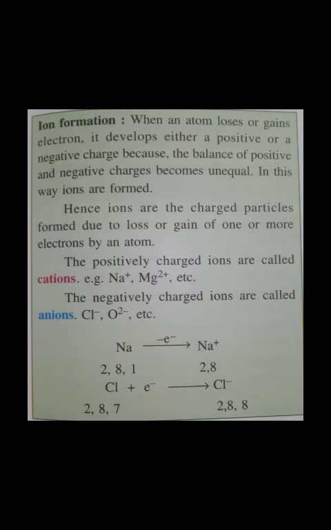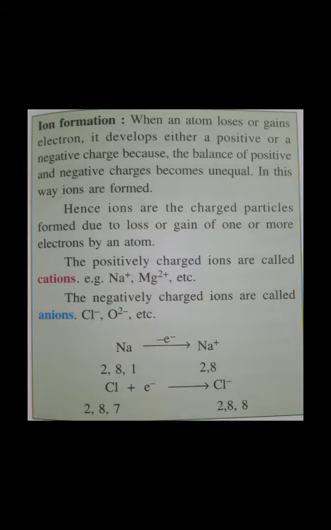Why do positive and negative charges come? Positive charges come when electrons are lost from an atom. Right? And this imbalance, what imbalance? In a neutral atom, the number of protons, that is the positive charge, is equal to the negative charge.